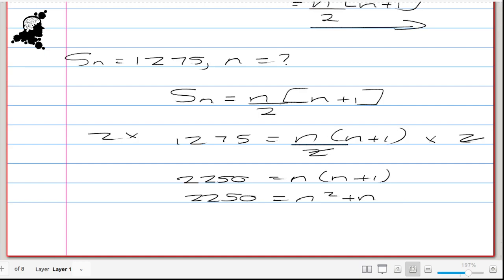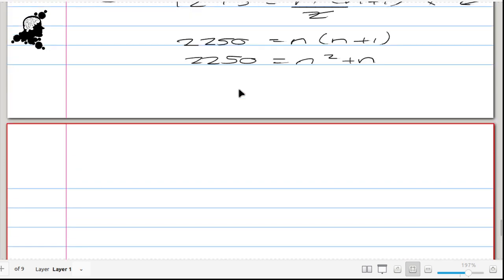Let me open up a new sheet because I've run out of space. So new sheet. And let's just continue where we left off. So I'm going to have n squared plus n minus 2250 is equal to 0. I could just go ahead and solve for n in this case.